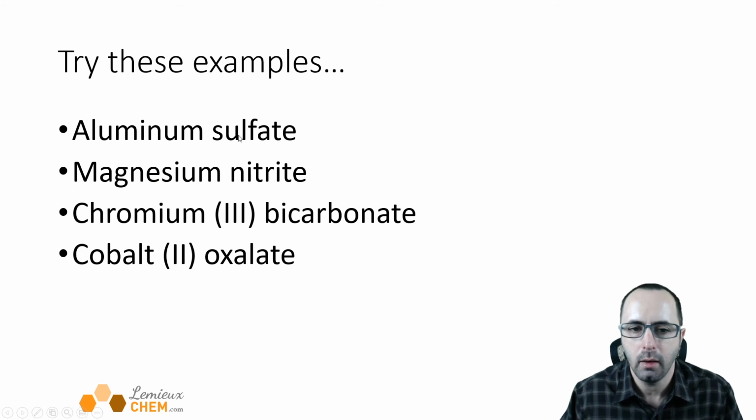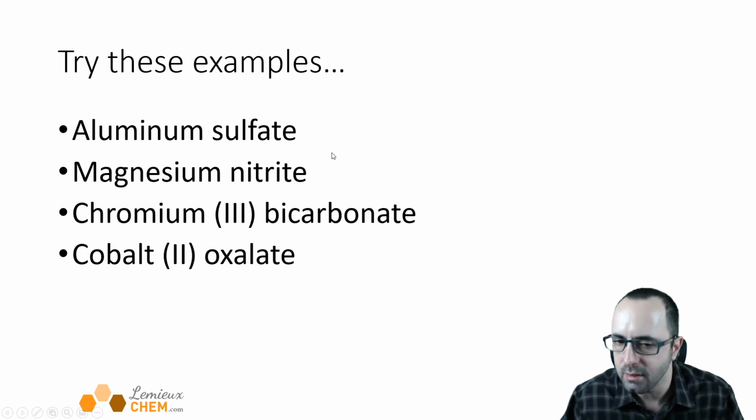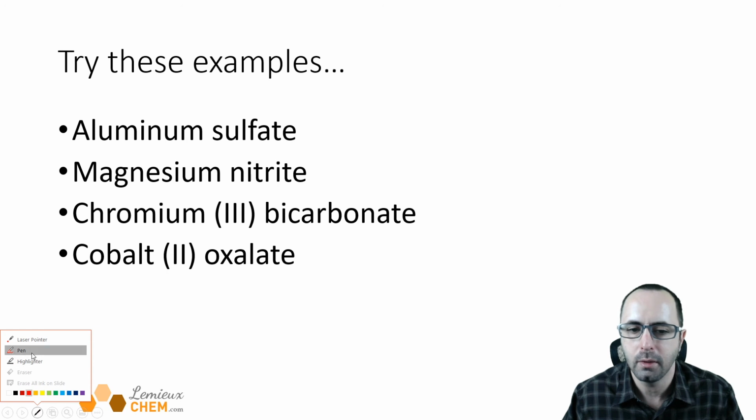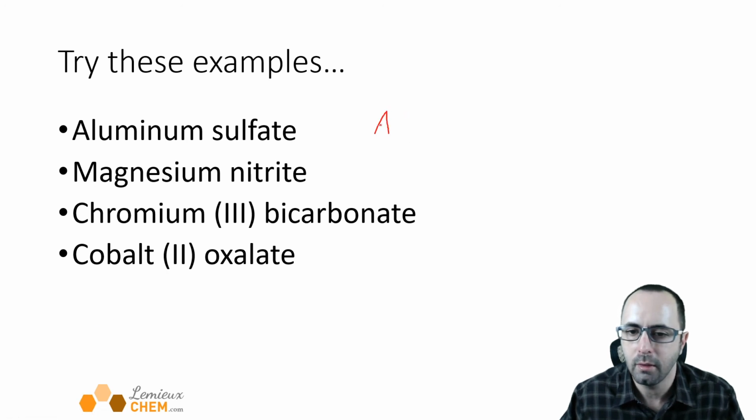Okay, and so now here's some examples. Aluminum sulfate. So we should ask ourselves first, ionic or covalent? This is ionic, and the metal is aluminum. Aluminum is a fixed charge metal. It's in group 3, and so its charge is going to be 3+.